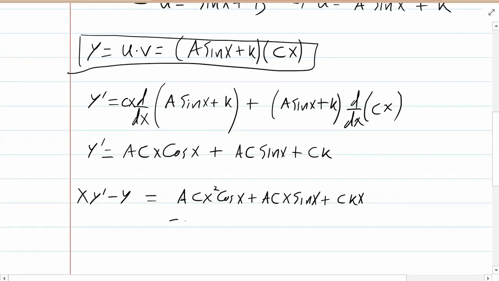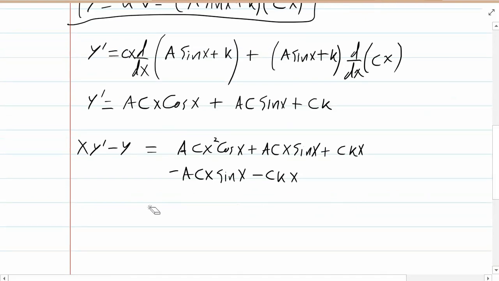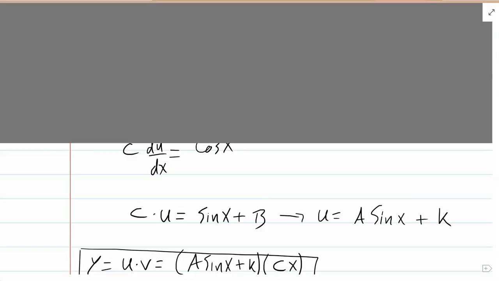So that means minus acx sine x and minus ckx. Now that cancels two of the terms, and we end up with acx squared cosine x.